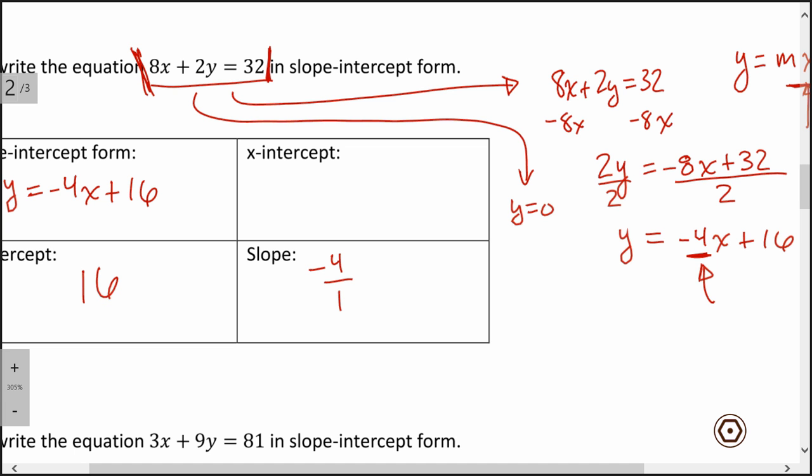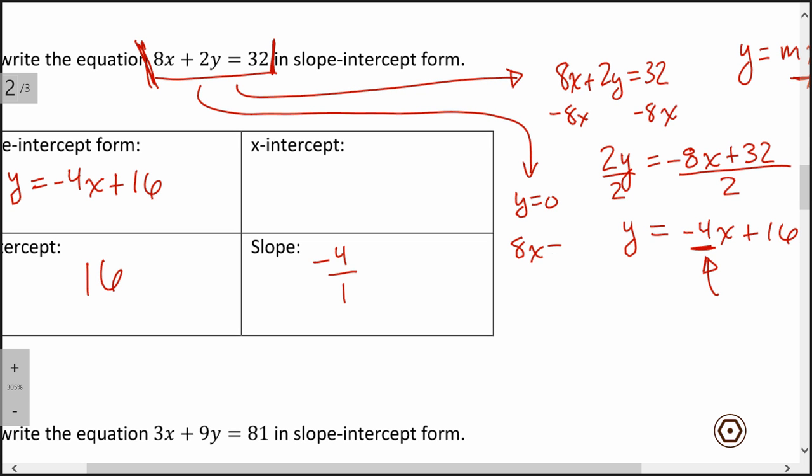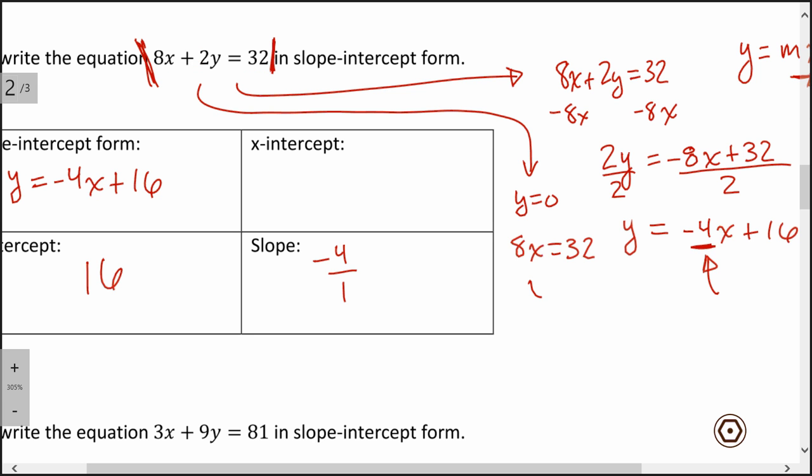When y equals 0, this equation becomes 8x equals 32. You can see the moment that y is 0, this particular term on the left-hand side is gone. If I divide both sides by 8, we get that x equals the value 4. So my x-intercept is 4.